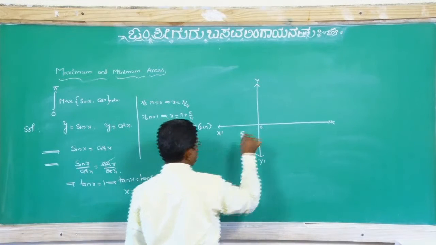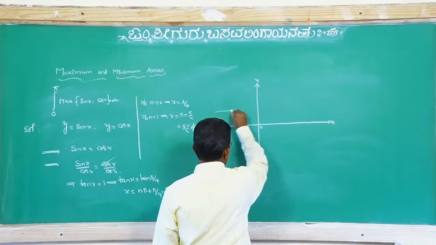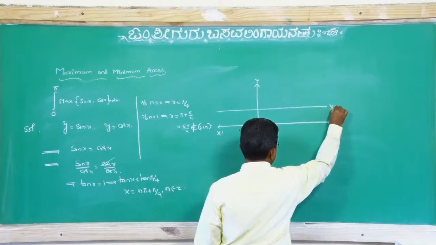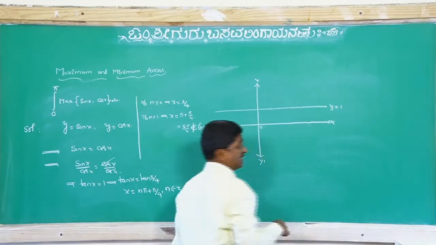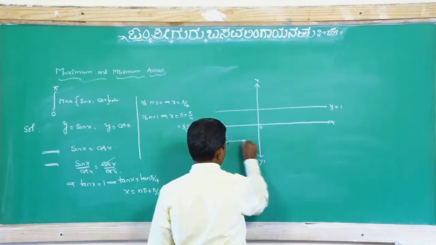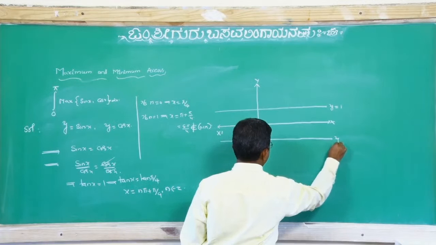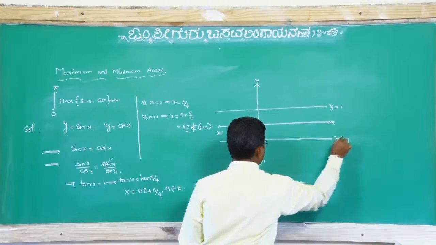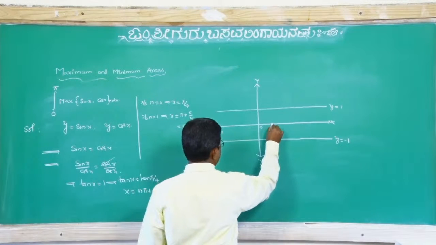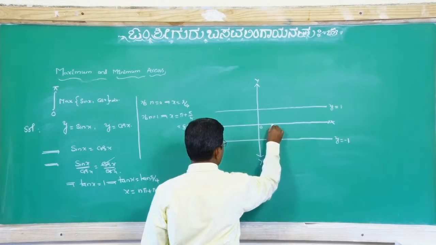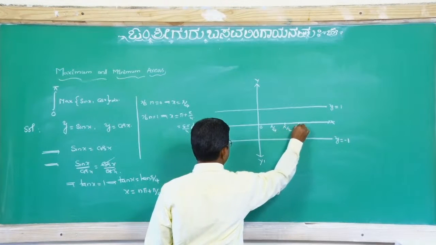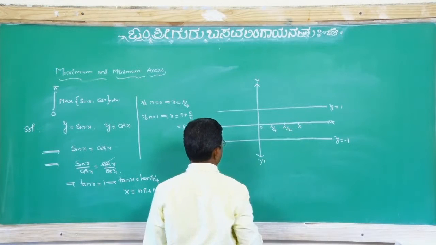First of all, the maximum value of sin x is 1, that means y is equal to 1. The maximum value of cos x is also 1, and the minimum value is minus 1. Right, two horizontal lines. Now, the point of intersection is at x is equal to pi by 4. This we call pi by 2 and this we call pi.